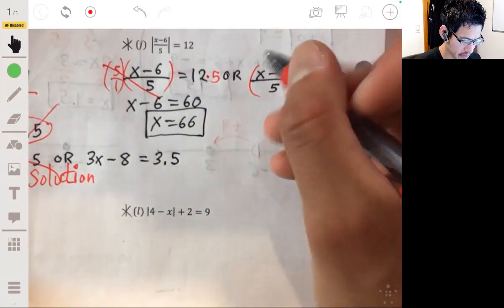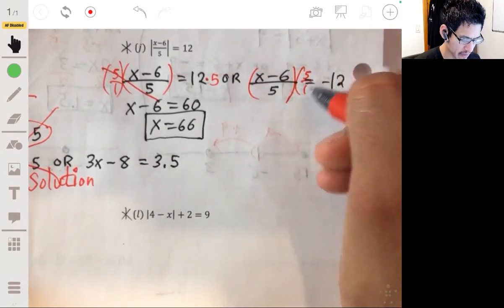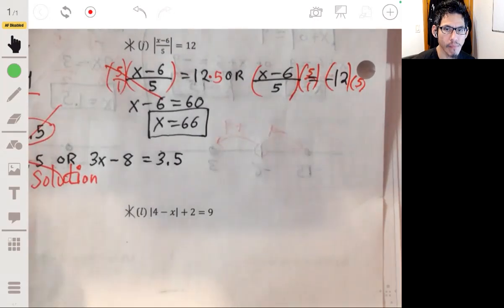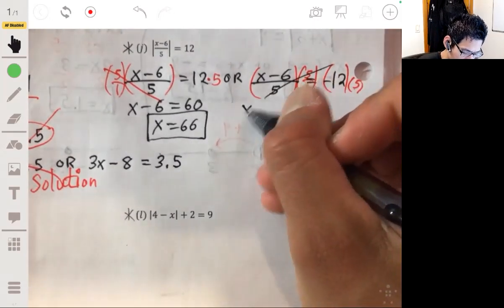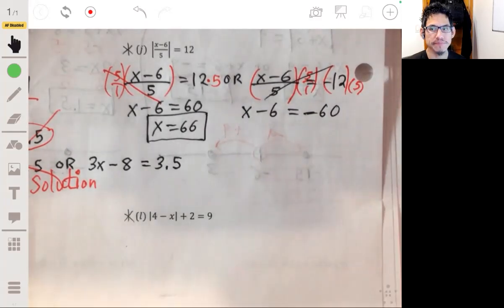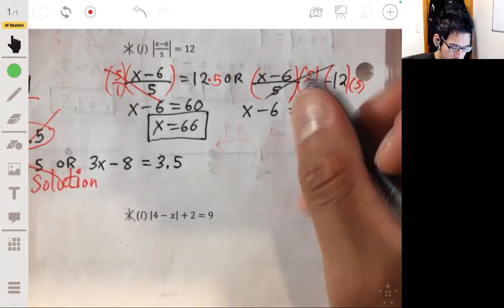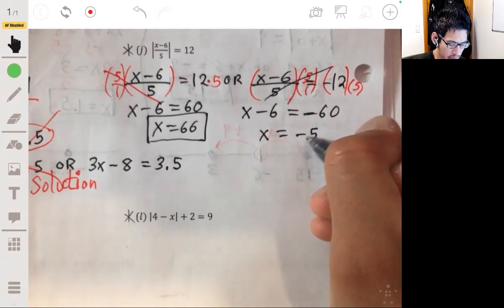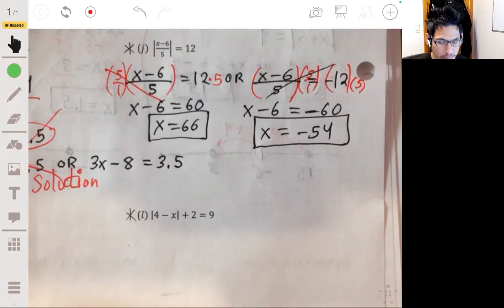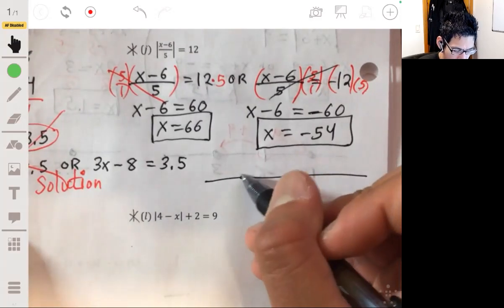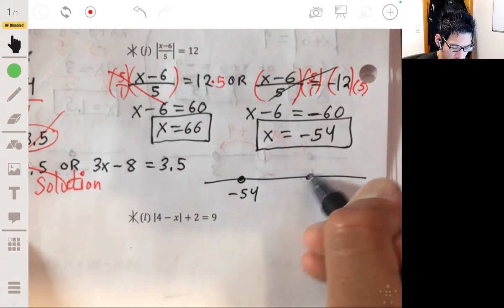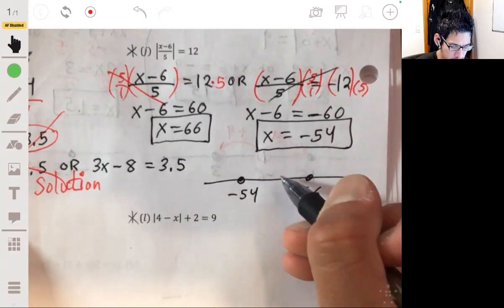In this one, we start off by doing the same thing. Multiply both sides by 5, and we'll get x minus 6 equals negative 60. Add 6, and we'll get x equals negative 54. And then we make our number line, closed circle on negative 54, and closed circle on 66.